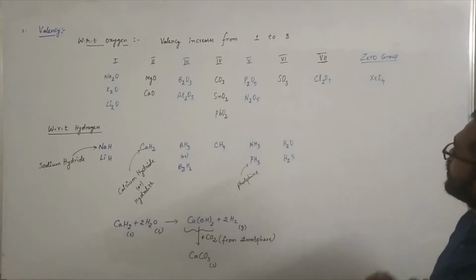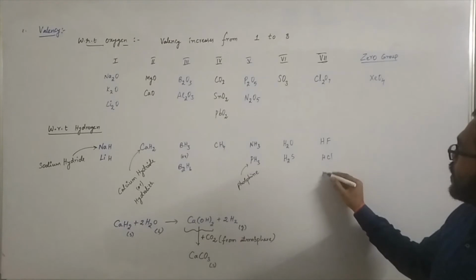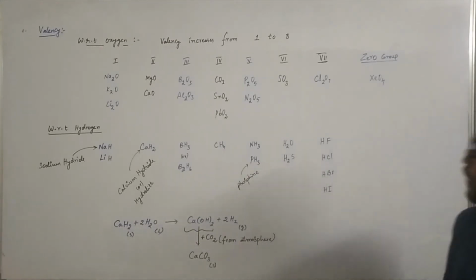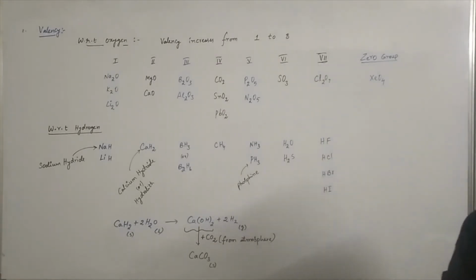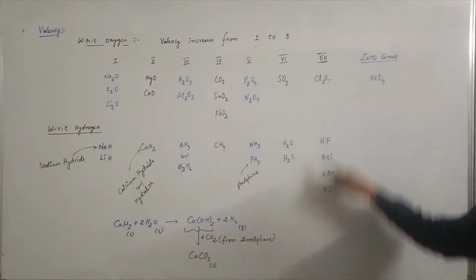That is HF, HCl, HBr, HI. So valency of 7th group elements with respect to hydrogen remained as 1. Hydrogen fluoride, hydrogen chloride, hydrogen bromide, hydrogen iodide. All these are acids.